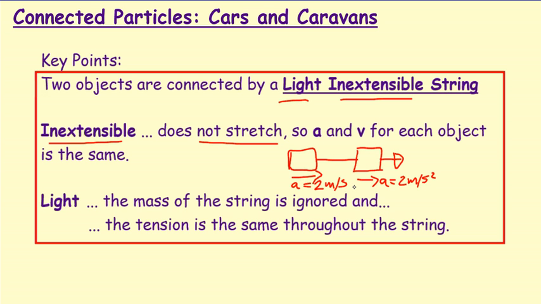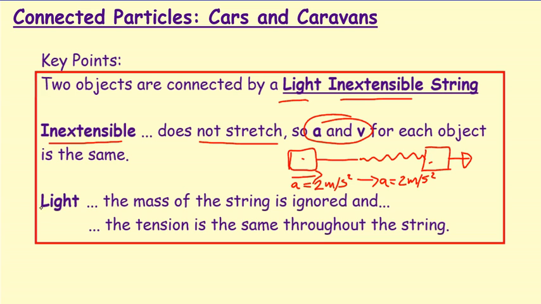Because they're connected by this inextensible string, it's not possible to stretch it or pull one without the other. That would be like having a spring or a string that would stretch, and in this case that's not possible. So it just means these numbers here apply to both objects at the same time, and they don't change.